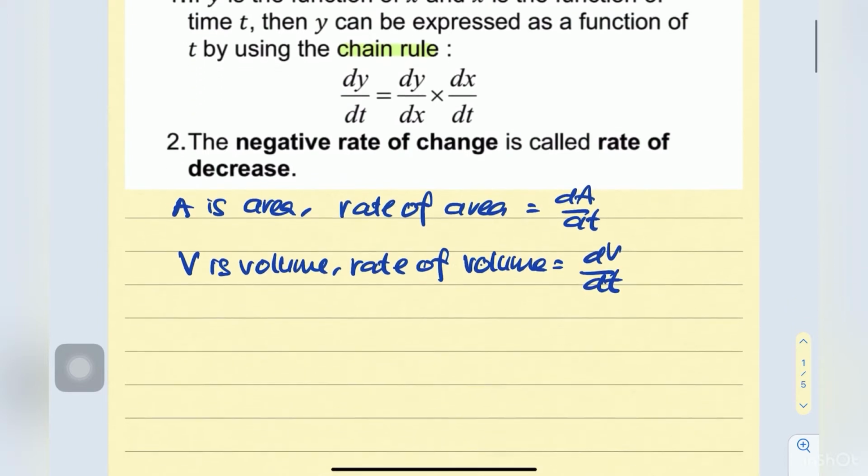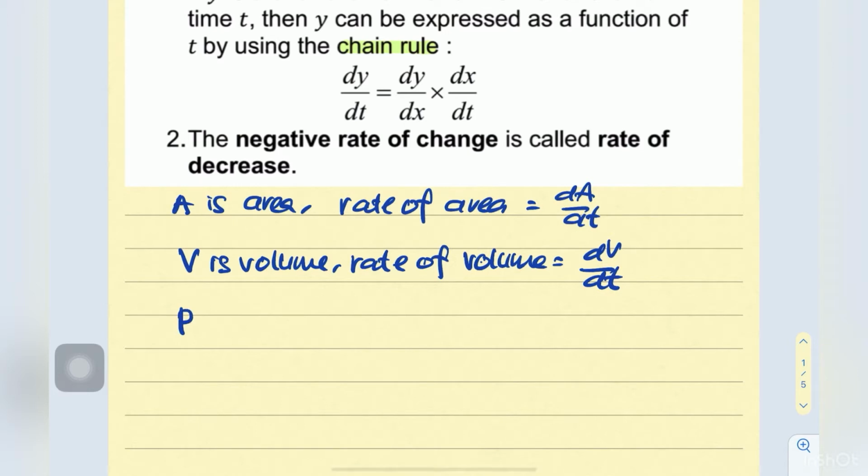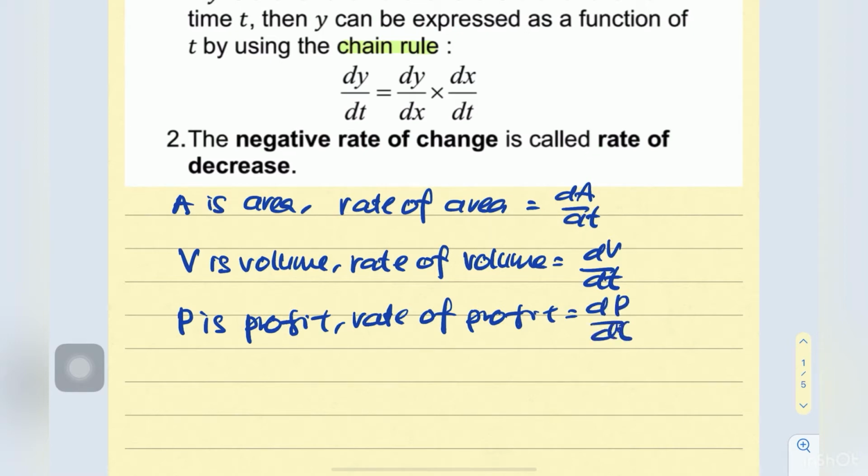Let's say P is profit, so the rate of profit is dP/dt. So whatever rate we have is actually over dt.